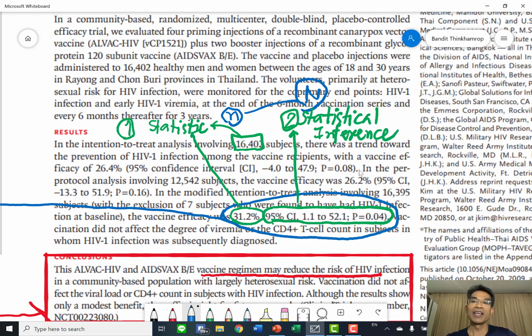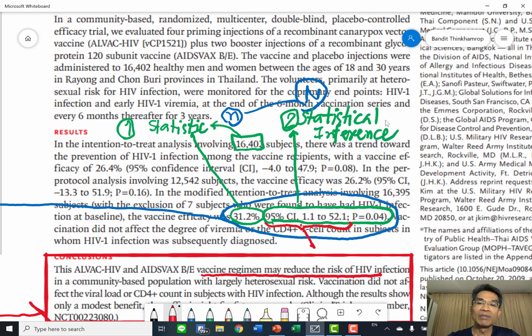Now, in these components of statistics that being reported in a paper, there are also two components within it. The first one is what we call the confidence interval. CI stands for confidence interval.